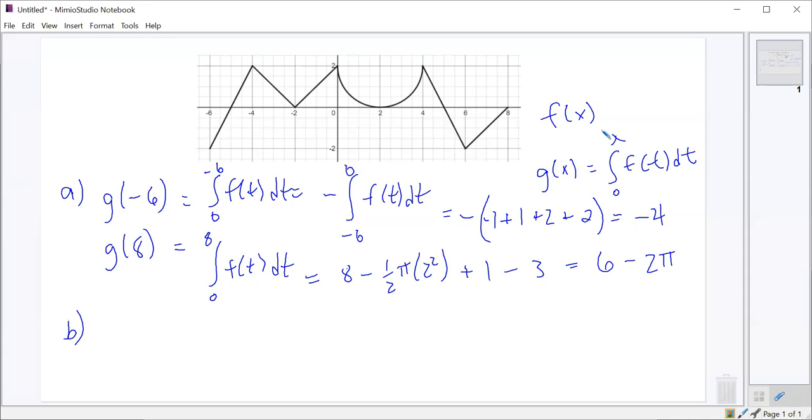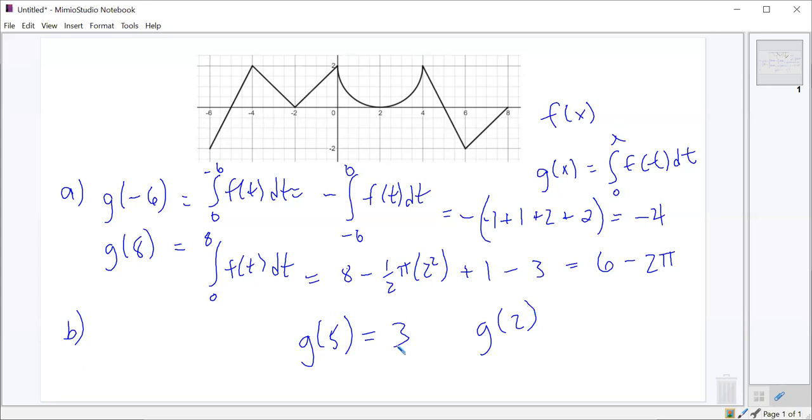Like in some of the other problems, I said something to the effect of g of 5 is equal to 3, find g of 2. Okay. Right.